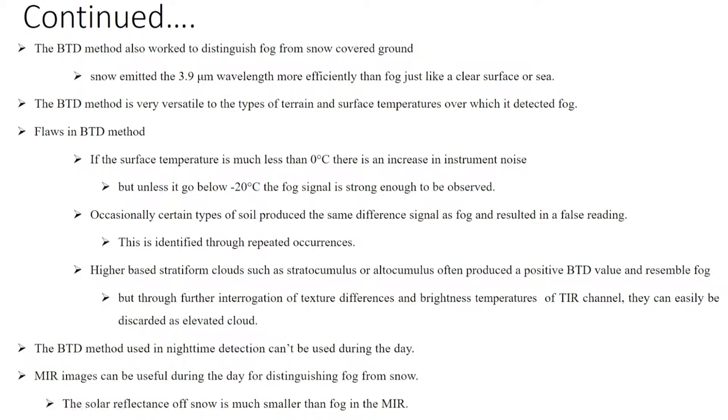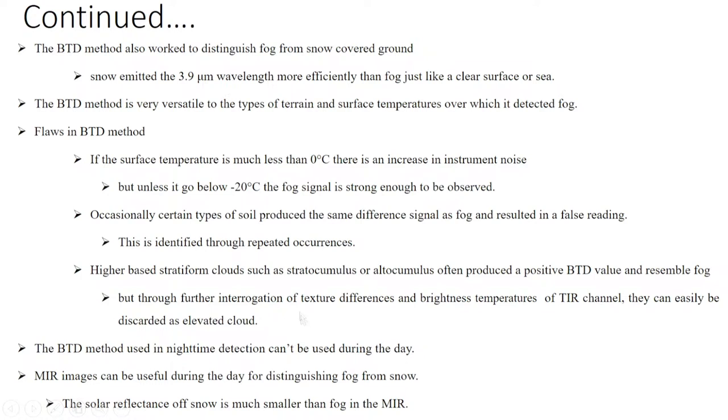But this can also be countered by repeated observations, because in repeated observations fog may change but the soil position will be the same. So in every repeated observation, if these things are the same, we can say that the difference is not due to fog, it is actually due to the soil.